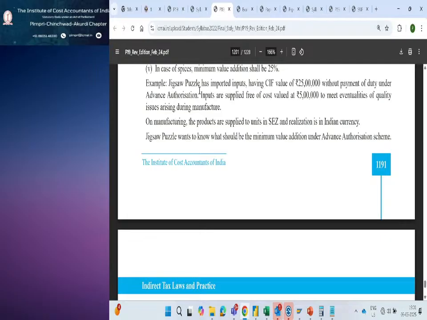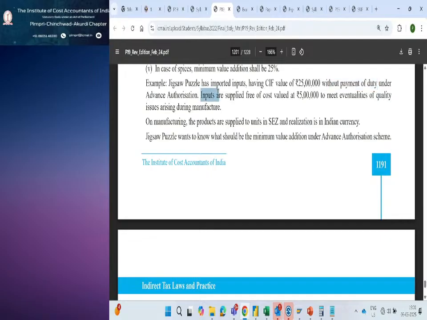Jigsaw puzzle has imported inputs having CIF value 25 lakhs without payment of duty under advance authorization. So your cost, insurance and freight value is 25 lakhs, without payment of duty.